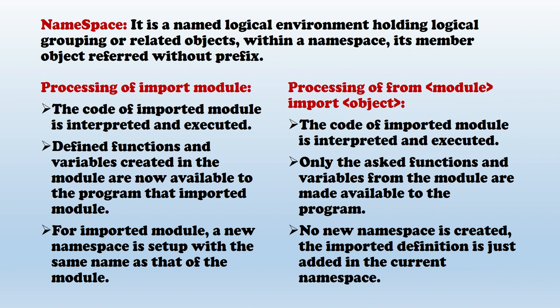When you import a complete module, it will create its own namespace. That is, when you import the math module, a new namespace will be created, and only from that namespace will you be able to access it.